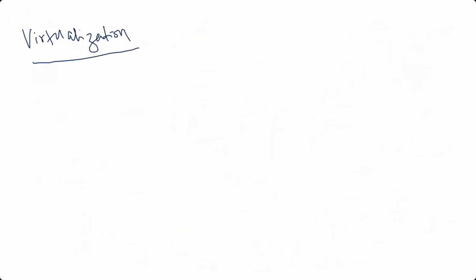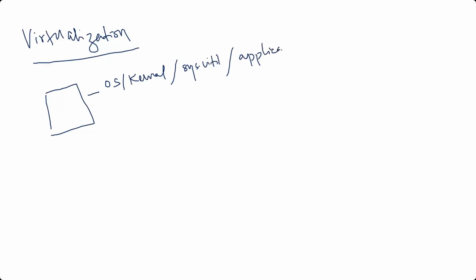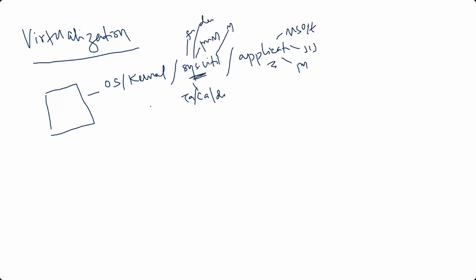What is virtualization? Imagine you have one machine which has an operating system. Operating system has a kernel. On top of kernel, you have system utility programs. On top of that, you will have your applications. Okay. So your Microsoft Office, your IntelliJ, and your Python sit here. Utilities, calendar, date timestamp, task manager, performance management, folder management, device management, memory management sit here.